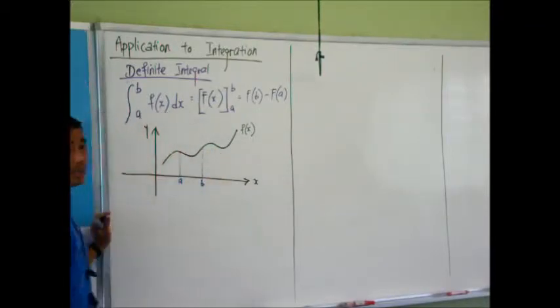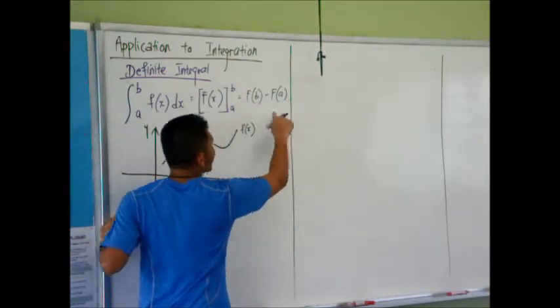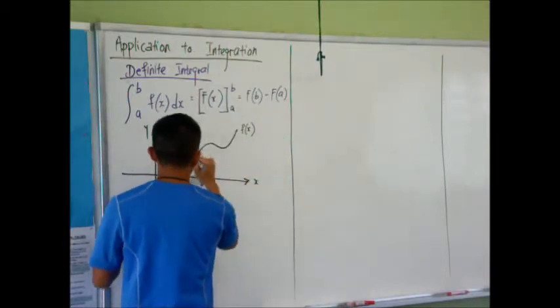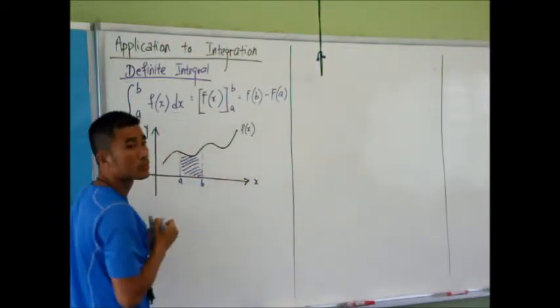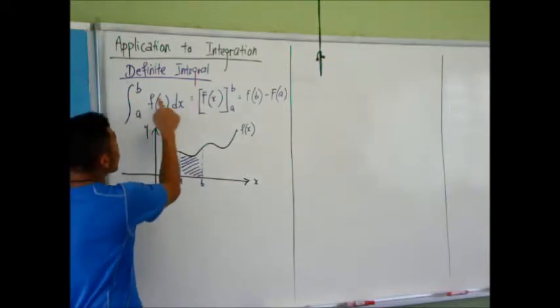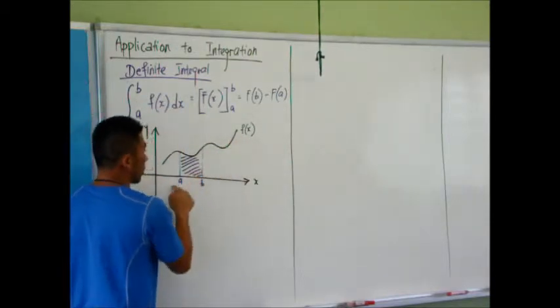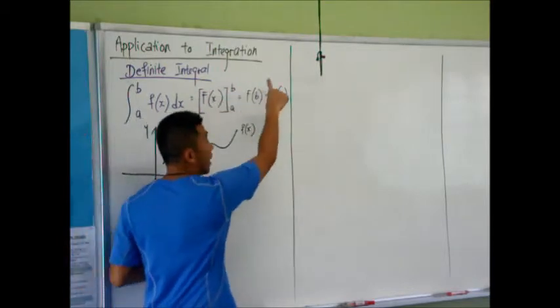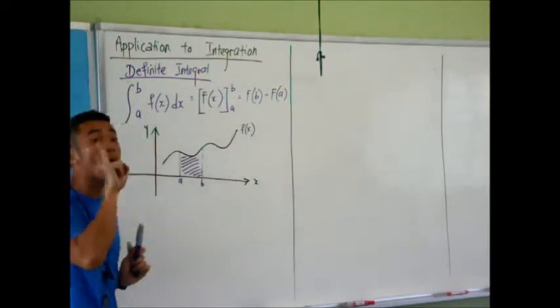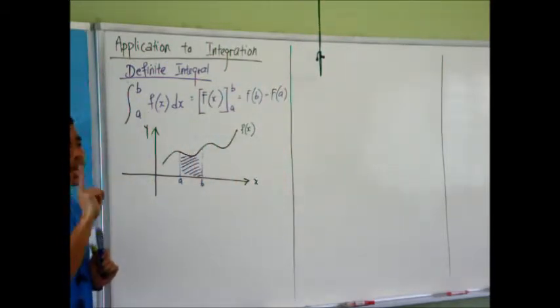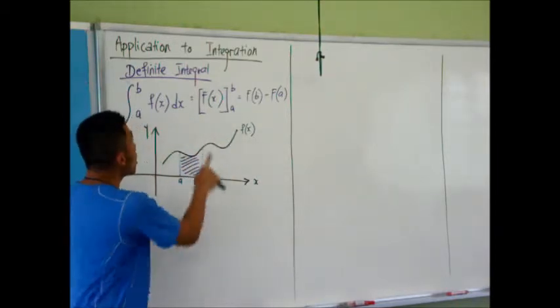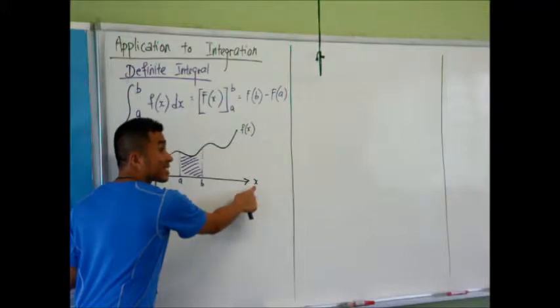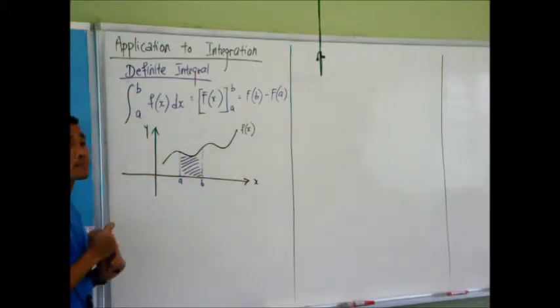This is my value of B. Upper limit. But what does this whole answer actually tell me? If I want to integrate fx from A to B and get the final answer, it's as good as telling me to find the area under this curve with respect to x, the x-axis itself.